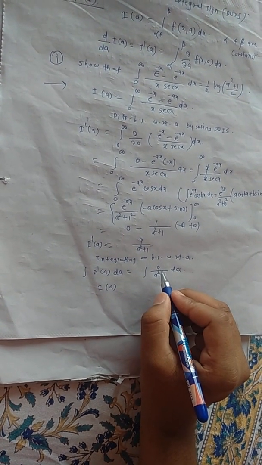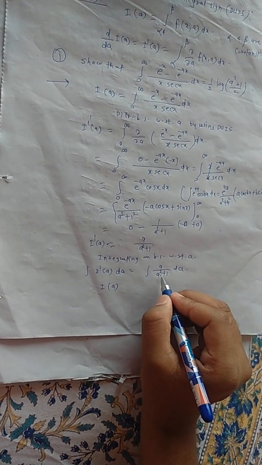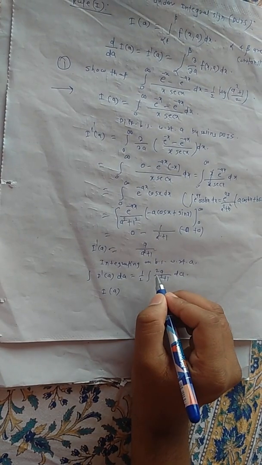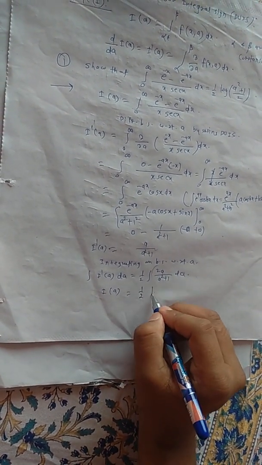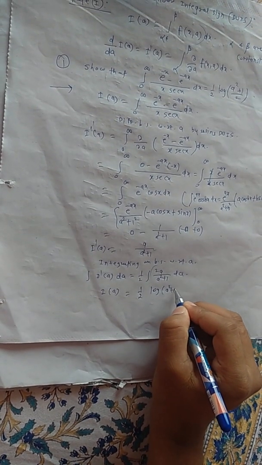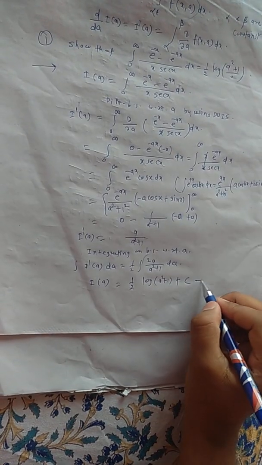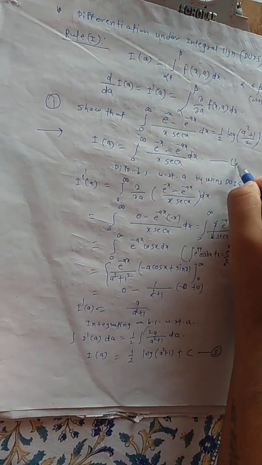For this, the derivative of a square plus 1 is 2a, so I am multiplying by 2 and dividing by 2, which will be equal to 1 by 2 log of the denominator, that is a square plus 1, plus some constant of integration c. Now I am calling this equation number 2 and the earlier one equation number 1.